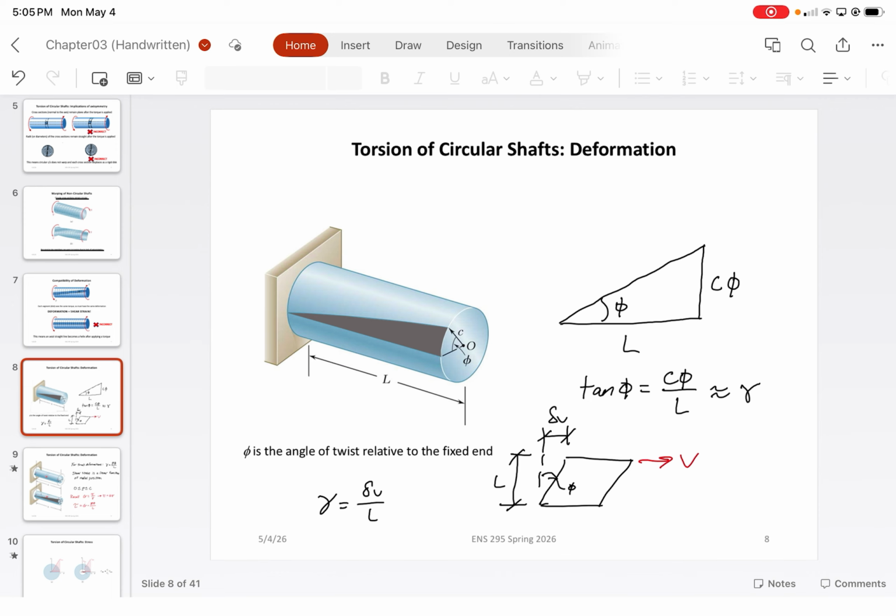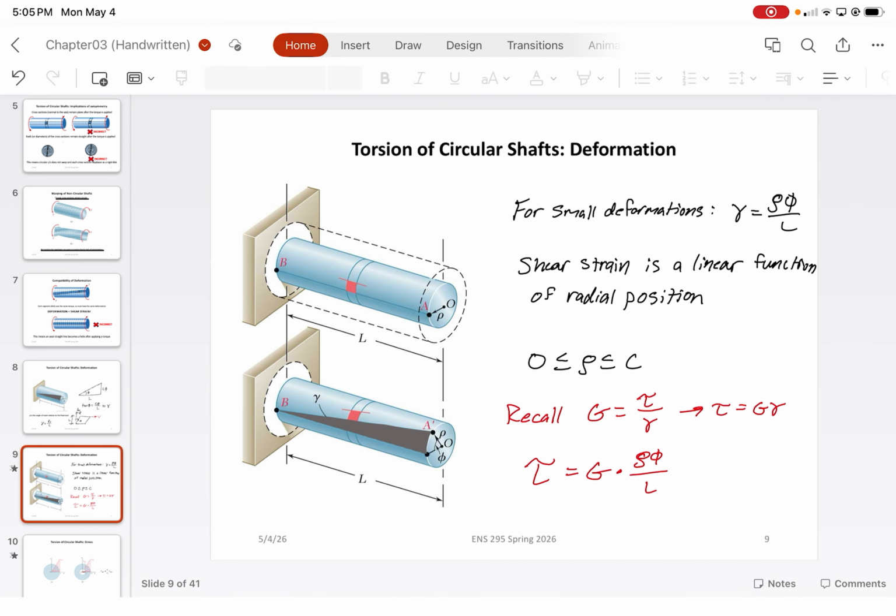If you guys recall, for shear strains, the angle of rotation, the small angle that develops due to a shear stress or shear force imposed on it, we can approximate as the shear strain, which is just going to equal the radius of the shaft multiplied by the angle of twist, all divided by the overall length.